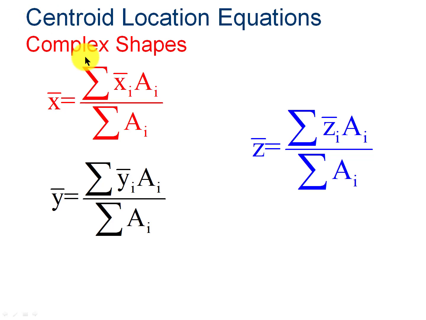So remember, this top basically just says sum, sigma means sum, of the individual x bars, x bar sub i, times the individual areas, A sub i, divided by the sum of the areas. And this applies in X, Y, and Z.